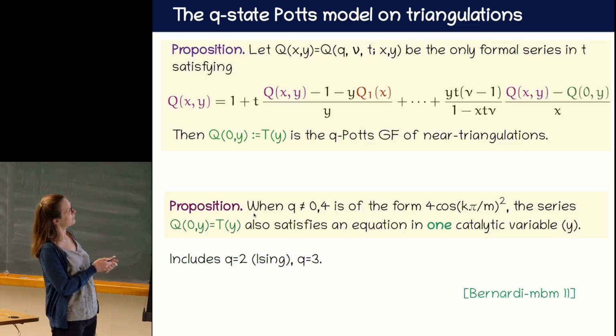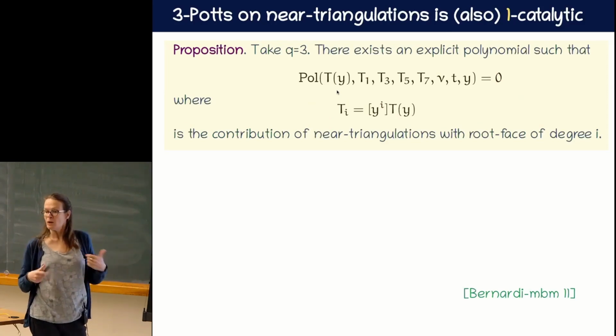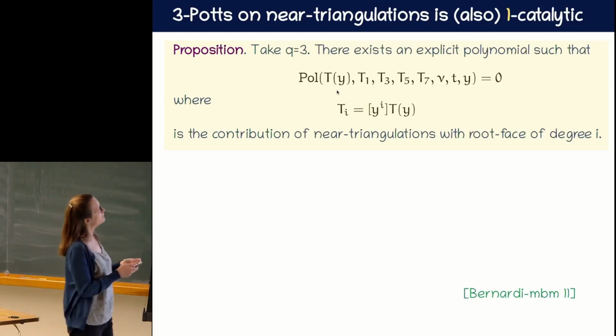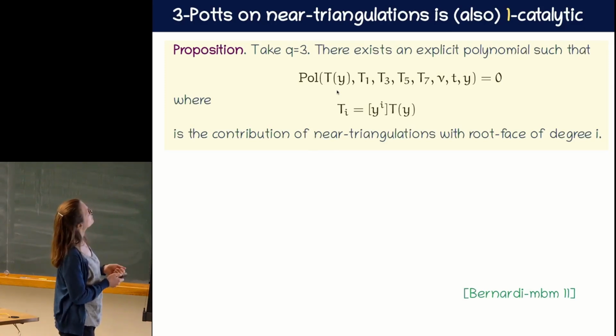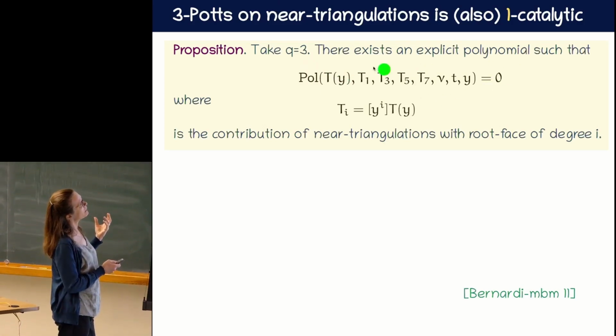So we started from the top equation and derived an equation in just one of these catalytic variables. So I will show it to you. So again, this only works when Q is 3. And then we have an explicit polynomial, Pol, in the main series for 3-Potts on near triangulations and 4 series that do not depend on y, which are coefficients in the original series.